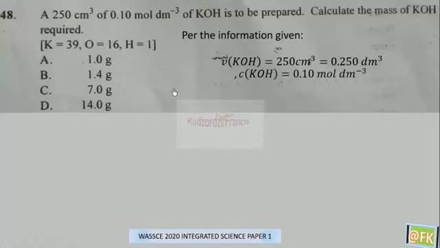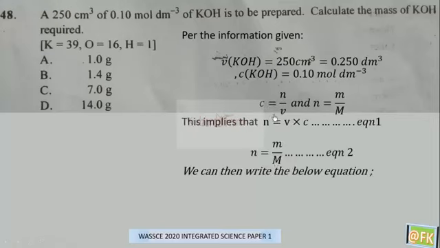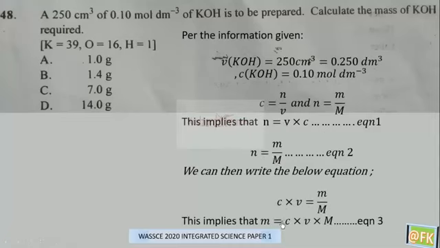Also, you have to make use of two formulas here. Concentration is equal to mole over volume, and we know these two from the question. We make n the subject of this to get this, so we can now equate this to this. So we are getting this as what? Equation 3. This will help us find the mass of the compound.